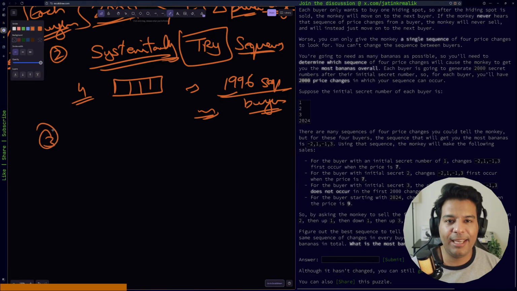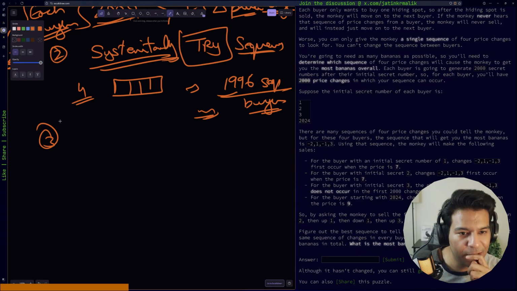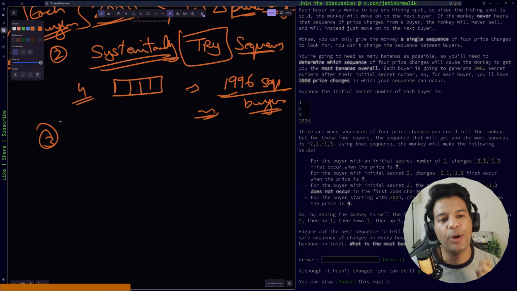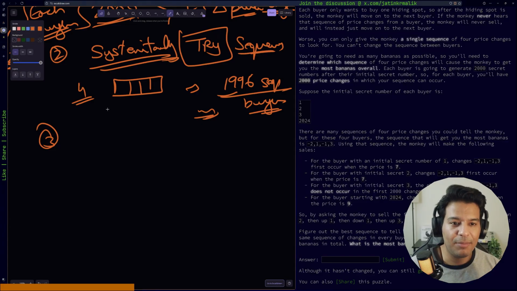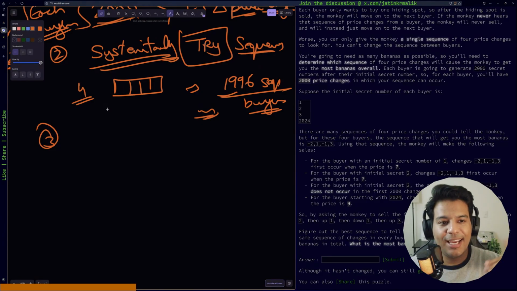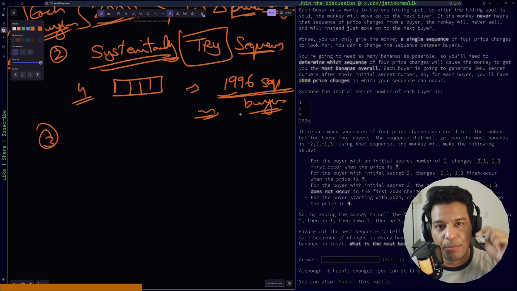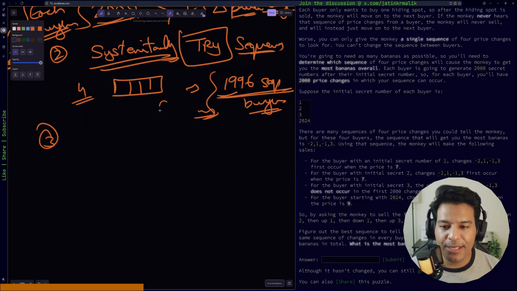I think hint 3 is that, if I read the question, for each potential sequence of 4 changes, we will need to simulate the negotiation, the monkey behavior, for every buyer and calculate the total bananas earned. That's what makes it much more complex, because you have 1996 sequences per buyer, where there might be some common ones and some uncommon ones.